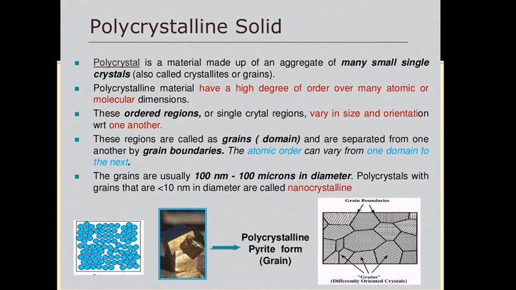What is polycrystalline material? Polycrystalline material is basically a crystalline material, but the size of the crystals is very small, and therefore they are referred to as crystallites, or commonly called grains.